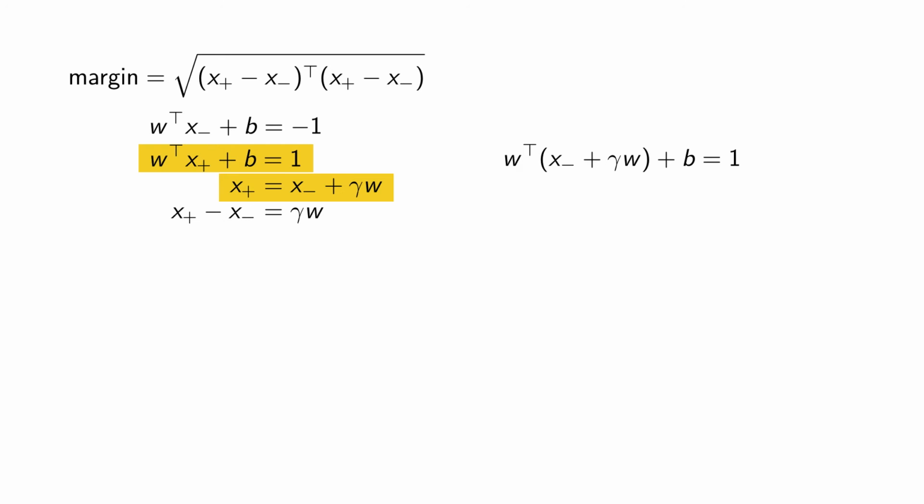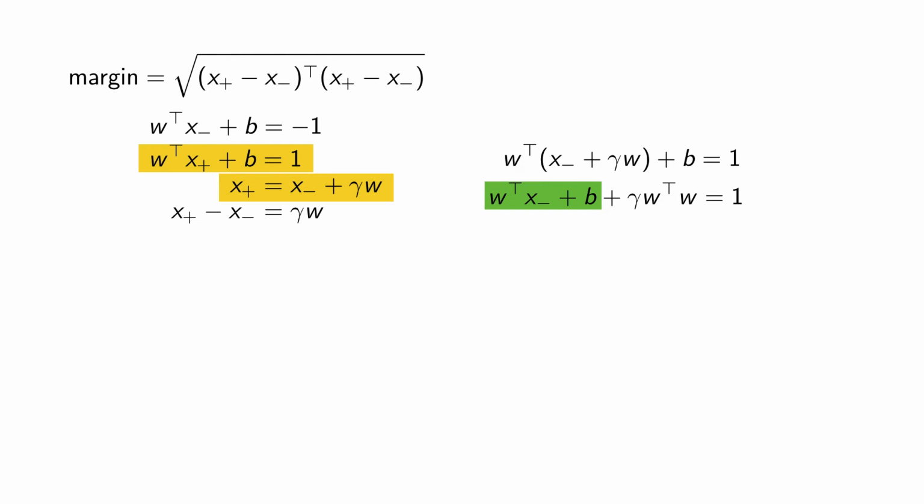So we can expand that a little bit by distributing the w into the terms in the parentheses. So we get now w transpose x minus plus b plus gamma times w transpose w, where I rearranged some terms just to move the w transpose x minus and the b together here, because that's actually something else we know something about, right?